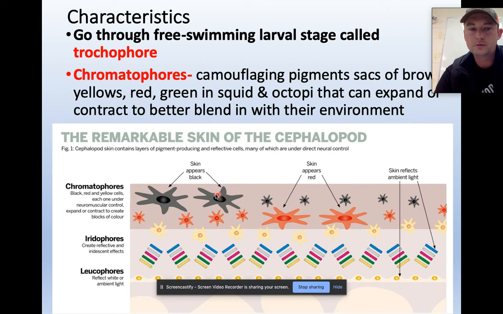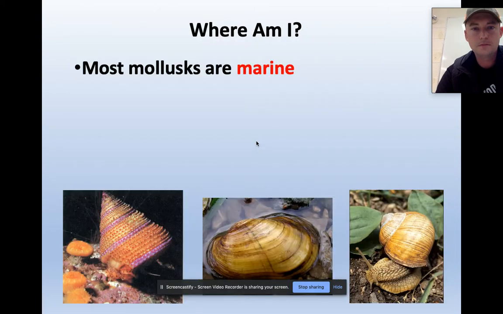And then if they want to appear darker, they will expand their chromatophores, allowing more of the reds and black tones to develop, which is pretty remarkable. We'll watch a video again in the second series that really shows just how remarkable these guys are. Again, I'm just astounded by their ability to camouflage.